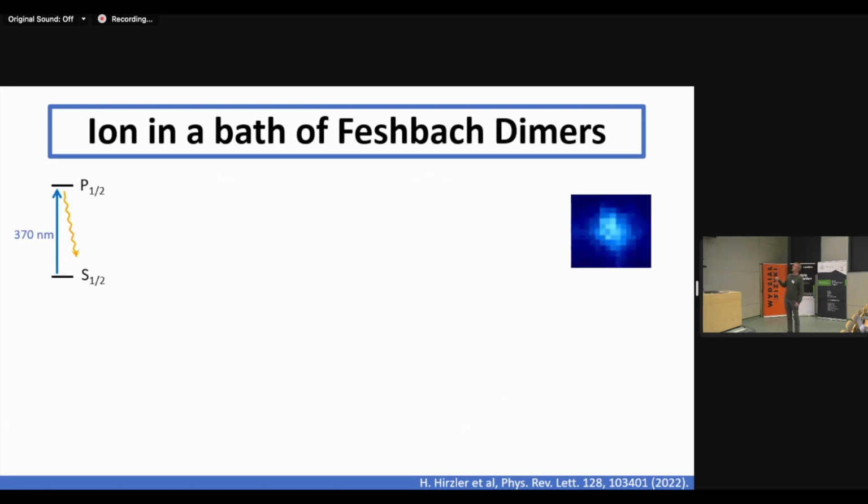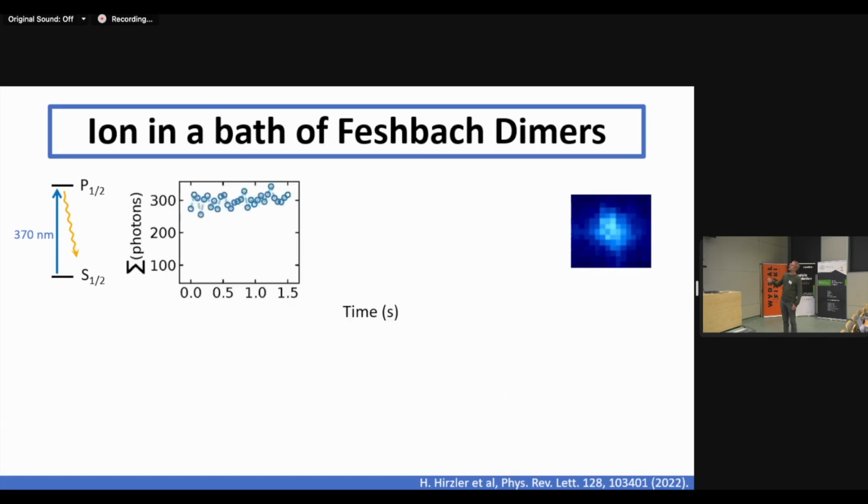After we plug this ion into this bath, we shine in some laser light to see if it's still there. We scatter some light on the D1 transition. If the ion is there, it gives off light, and we can count photons as a function of time. But sometimes it would also be gone, then it's dark.